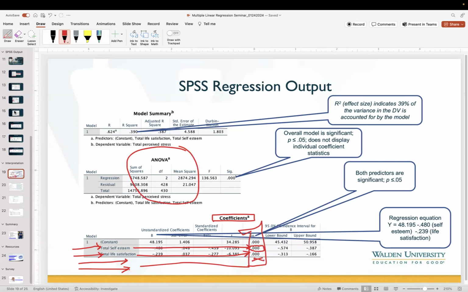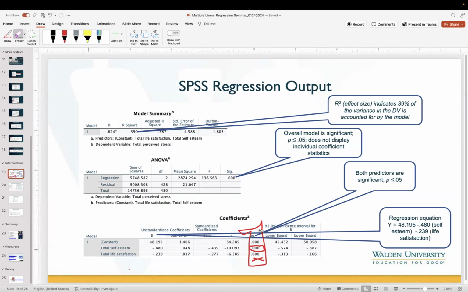Okay, let's take it a step further now. Now, what's important here? Perhaps one of the most important pieces of output for the prediction piece is something called the unstandardized coefficients.